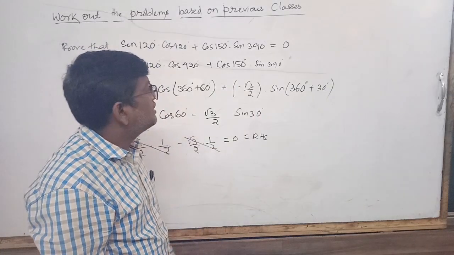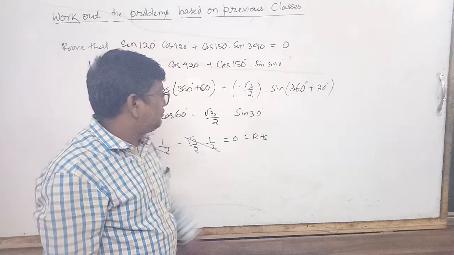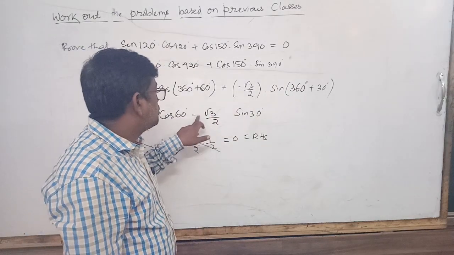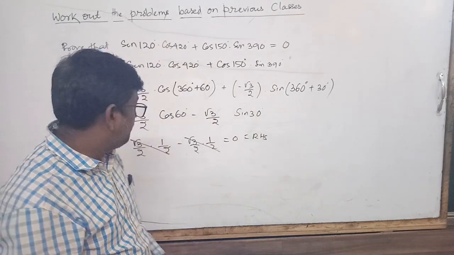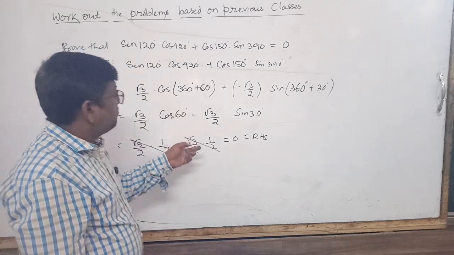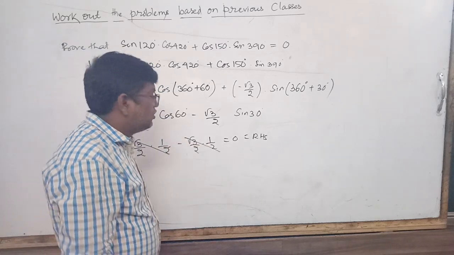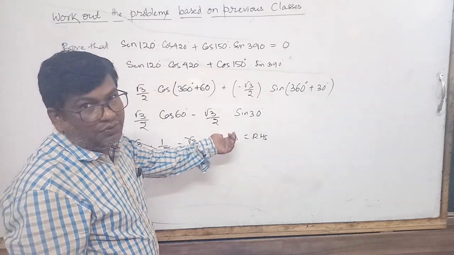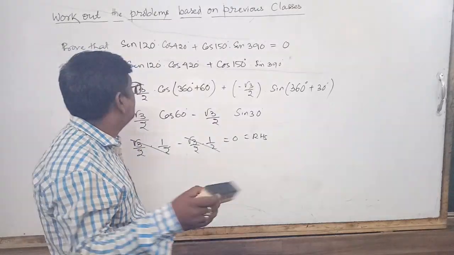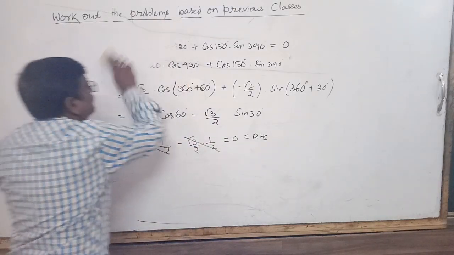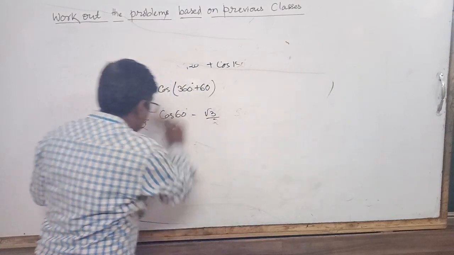And sin 360 plus 30 means sin 30, whose value is half. So root 3 by 4 minus root 3 by 4 goes cancel, which is equal to 0. Therefore, RHS. Then another question.